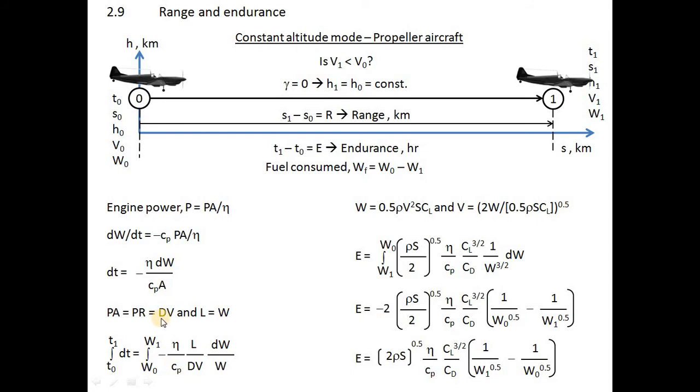The power required is equal to drag times velocity, and we also know that lift is equal to weight. So replace that into the PA part. This is not A, this is the PA.